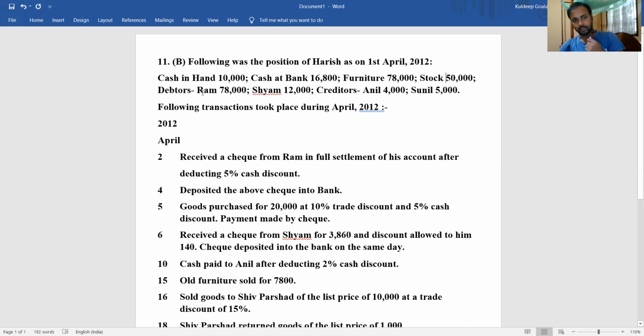Debtors include Ram 78,000, which means Ram was supposed to pay us 78,000. Sham was supposed to pay us 12,000. Creditors, that means the people to whom we are supposed to pay, include Anil 4,000 and Sunil 5,000. Okay, so this is how the question stands.